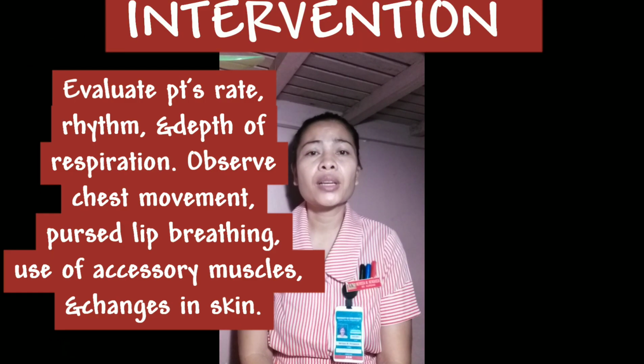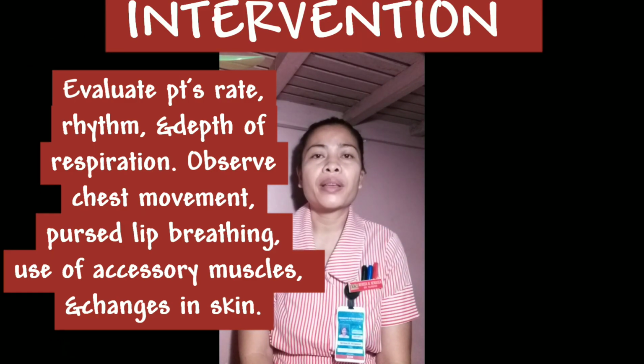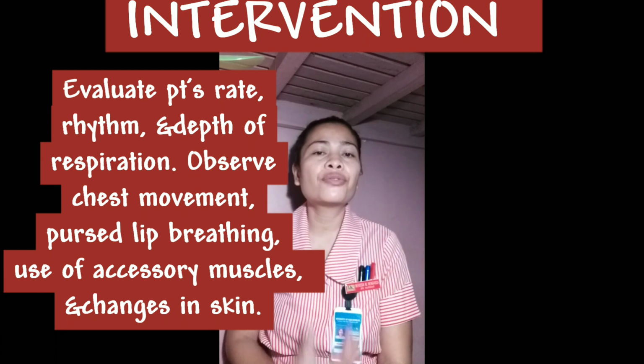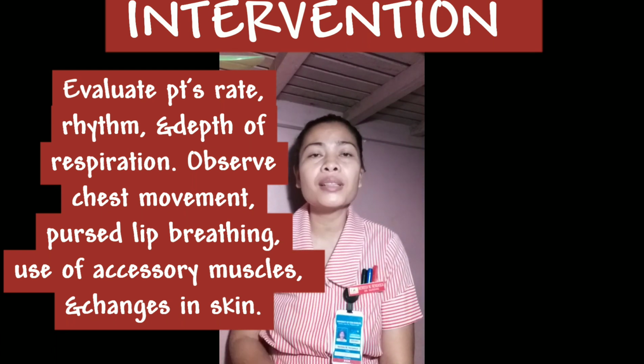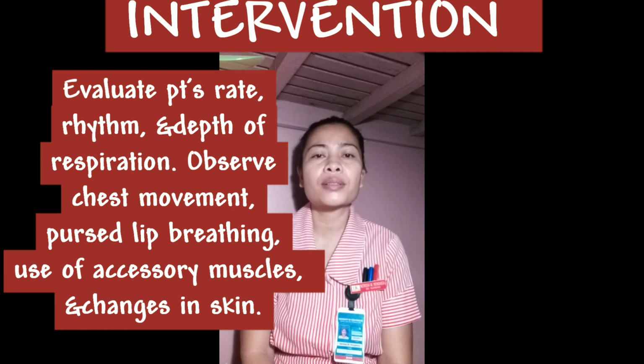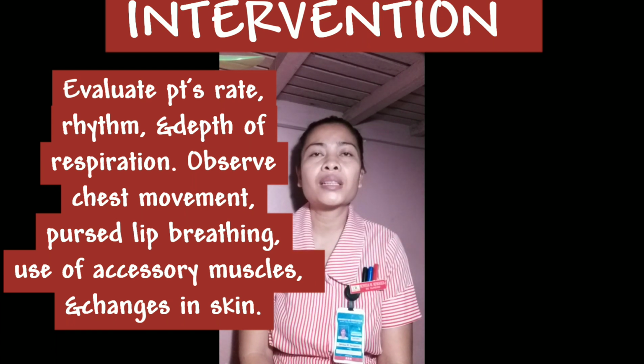As a nurse, we need to evaluate the patient's rate, rhythm, and depth of respiration. Observe chest movements, pursed lip breathing, use of accessory muscles, and changes in skin color. We need to note for pallor, cyanosis, and color.